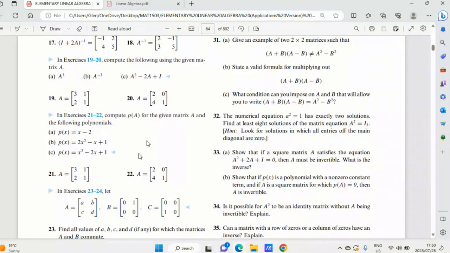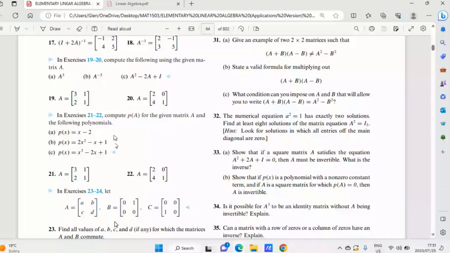We got from B the squared matrix is 4, 0, 12, and 1. Then I took that squared matrix and multiplied it by another matrix A, 2, 0, 4, 1, to get the cubed matrix: 8, 0, 28, and 1.